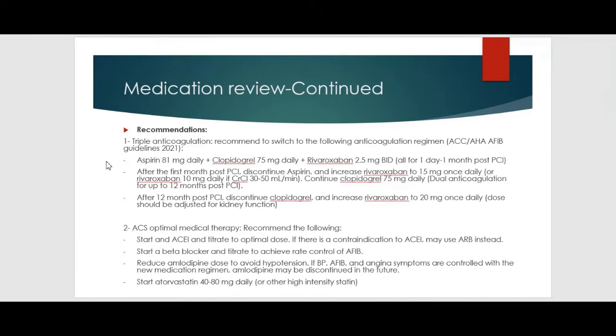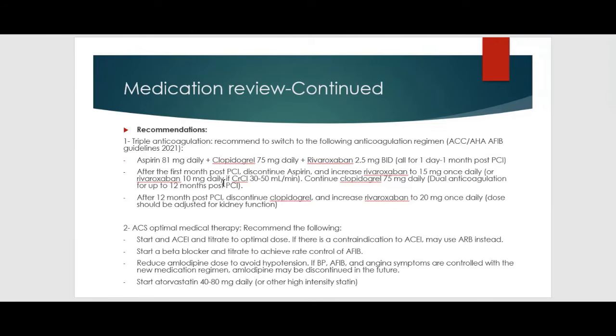So what do I want to do? Continue aspirin plus clopidogrel plus rivaroxaban 2.5 milligrams BID only, not 20 milligrams once daily. And all of these from 1 day to 1 month post PCI. So only for up to 1 month post the PCI.